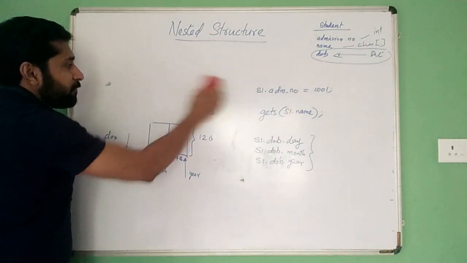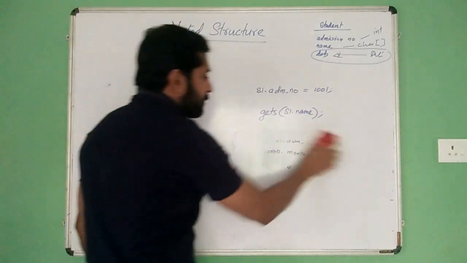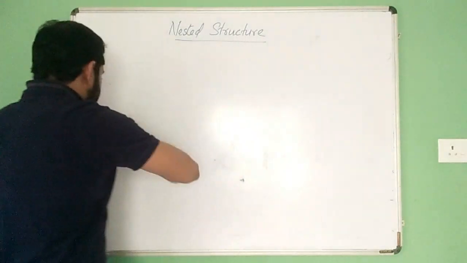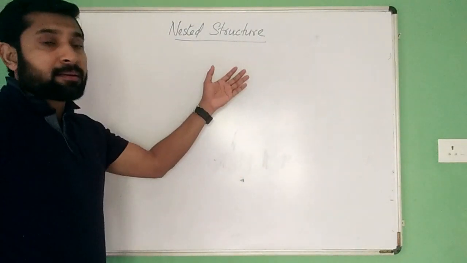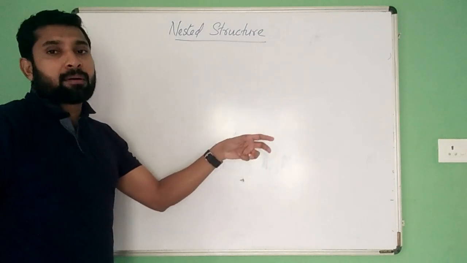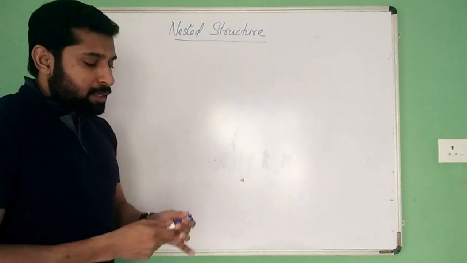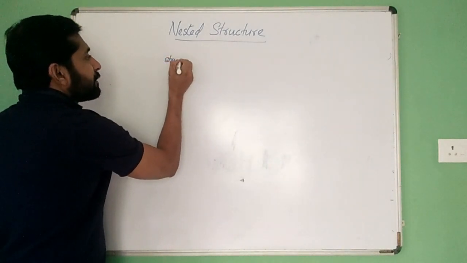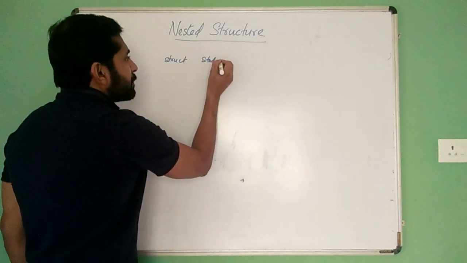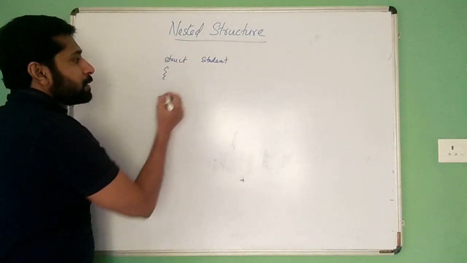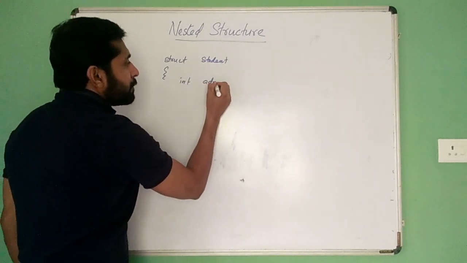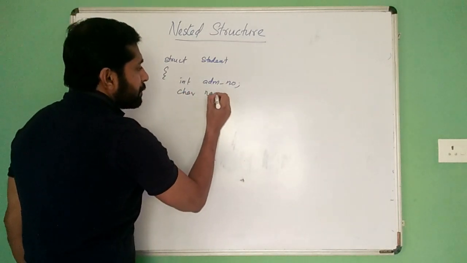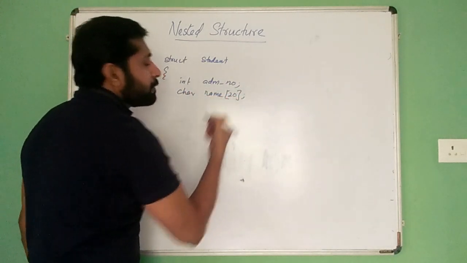Now there is another way of creating this. Previously we created the date structure first, and then that structure was embedded inside the student structure. Now there is a second way of creating the same structure. We can create struct student: int ADM number, char name of 20.